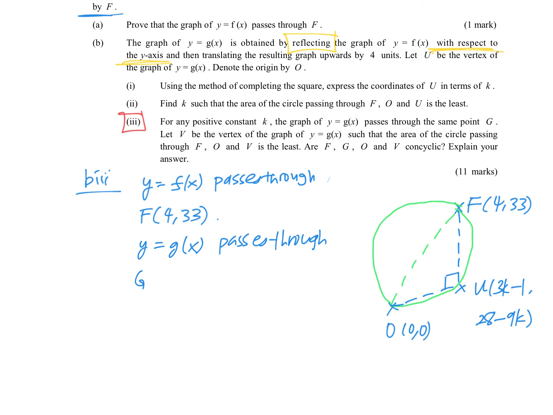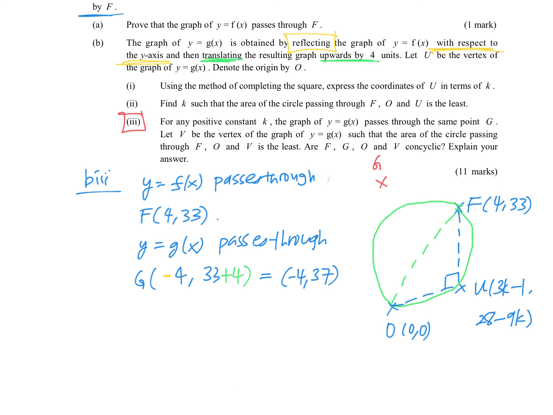First of all, there will be negative of the x coordinate, and then 33, and then translate the stuff upward by 4, so that's why plus 4 here. And as a result, there will be (-4, 37). So negative 4, 37 will be a bit higher, so maybe G will be somewhere here.